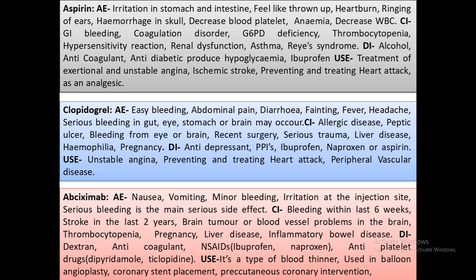Drug interactions: dextran, anticoagulants, non-steroidal anti-inflammatory drugs, antiplatelet drugs. Use: it's a type of blood thinner used in balloon angioplasty, coronary stent placement, and as a precaution in coronary intervention.